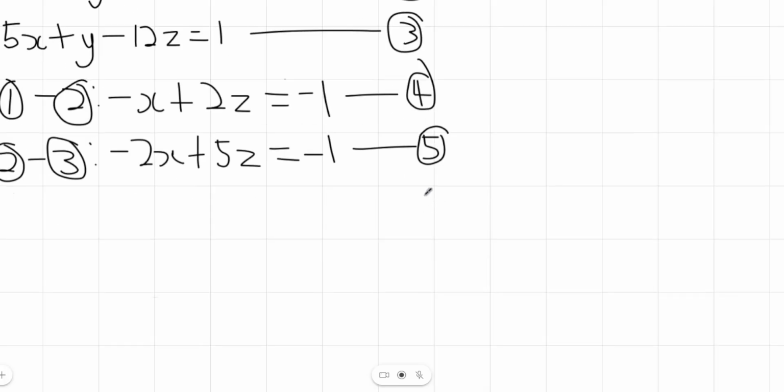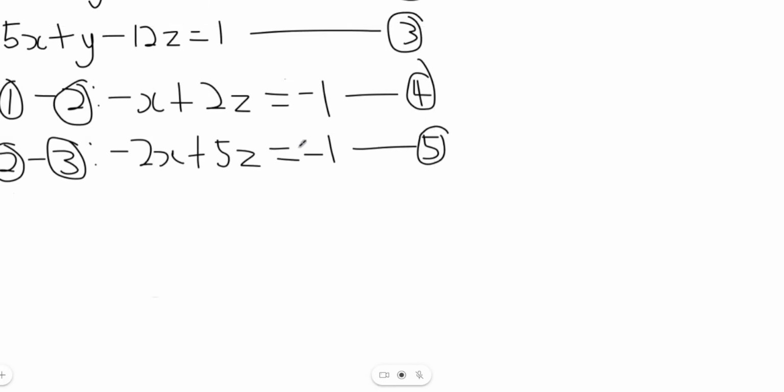Now, we have successfully eliminated y. Our next goal is to eliminate either one of the variables. So we can either eliminate x or z. Now, we notice that the values of x are not the same. This is negative 1 and this is negative 2. So how do we make the values the same?